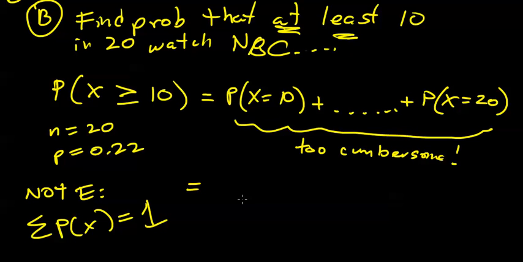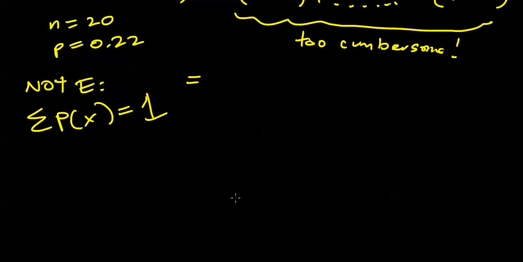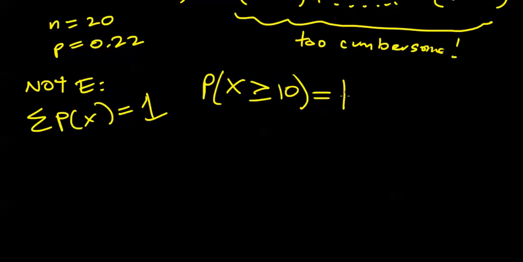So I could say this, erase that equal sign: the probability that x is greater than or equal to 10 is going to be equivalent to 1 take away the 9 or fewer cases, right?